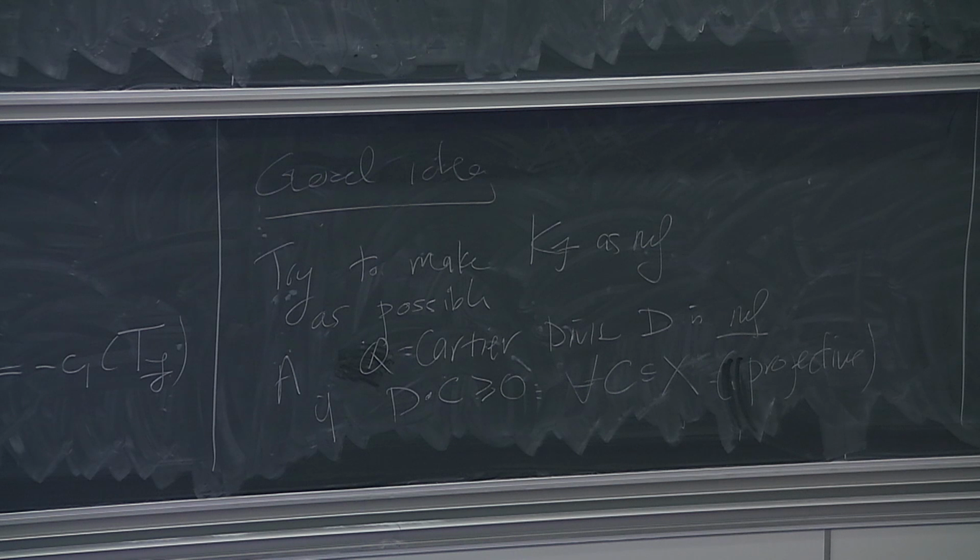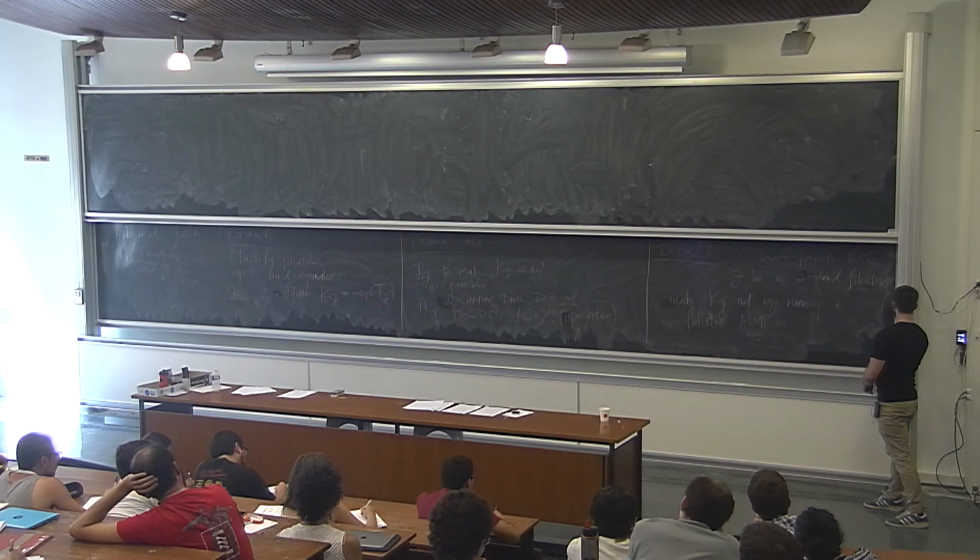We're going to make K_F nef by running a foliation MMP. I'll describe how this is supposed to work.